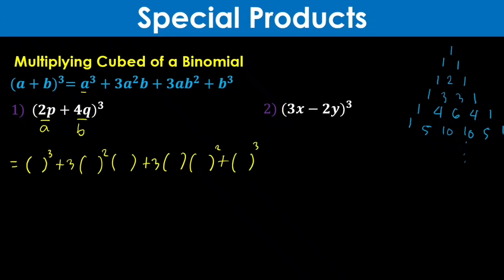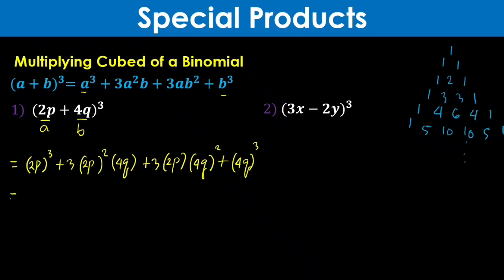And this time let's plug in our A based on this formula here, which is 2P. Then 3A squared: our A is 2P, then B is 4Q. Then that's 3A, A is 2P, B is 4Q, then finally our B cube, which is 4Q.